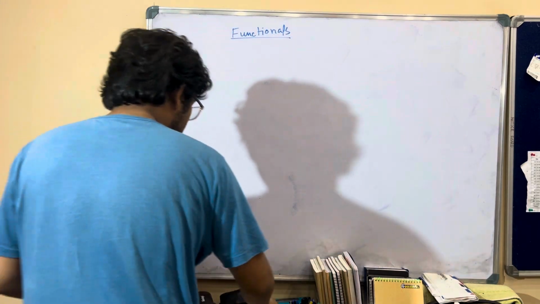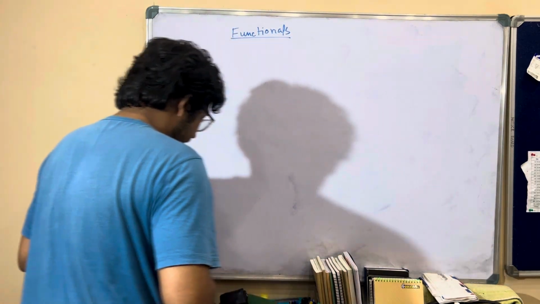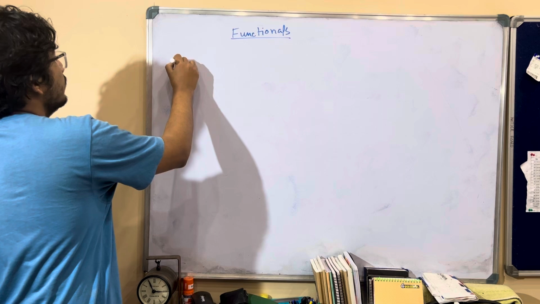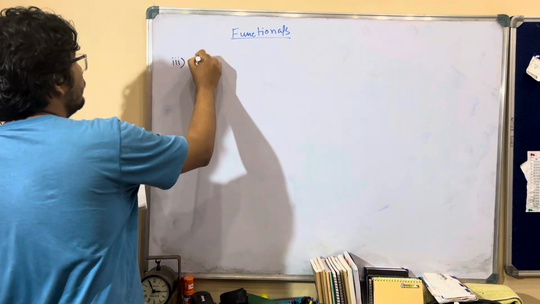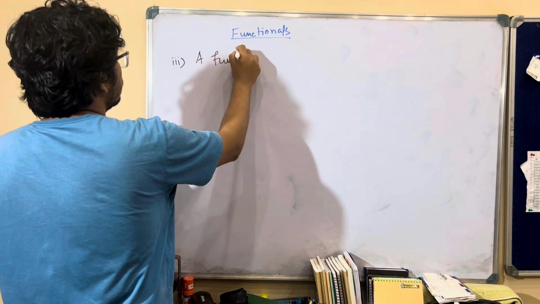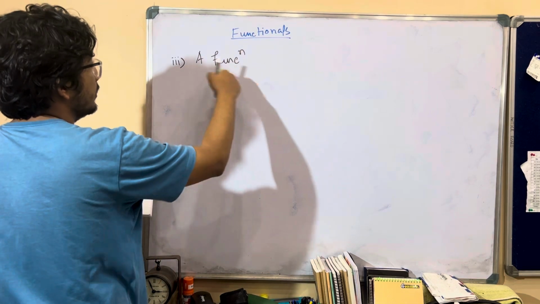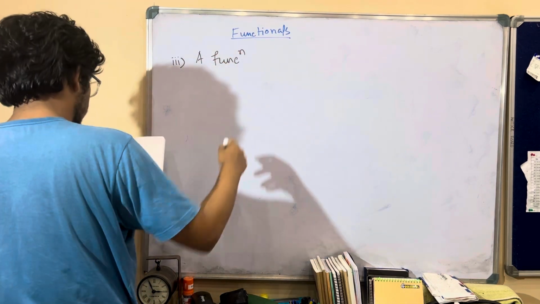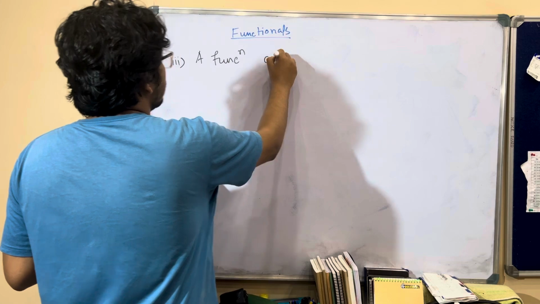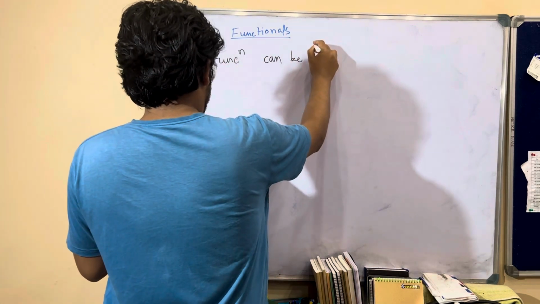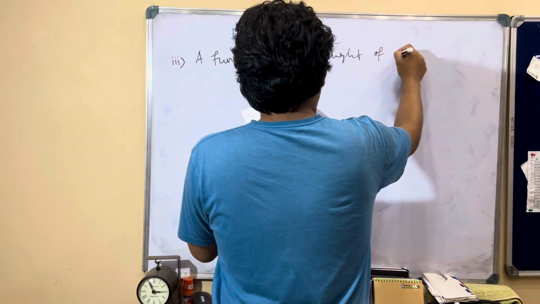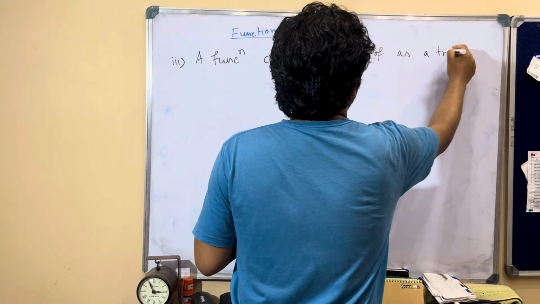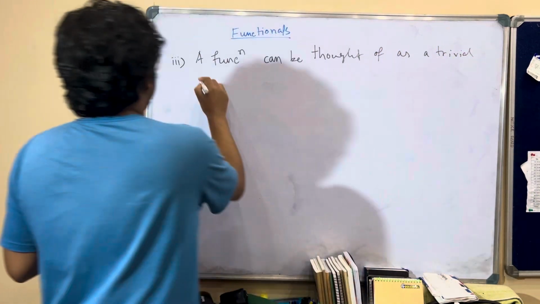I'm using another color this time. The third example tells you that a function can be thought of as a trivial functional.